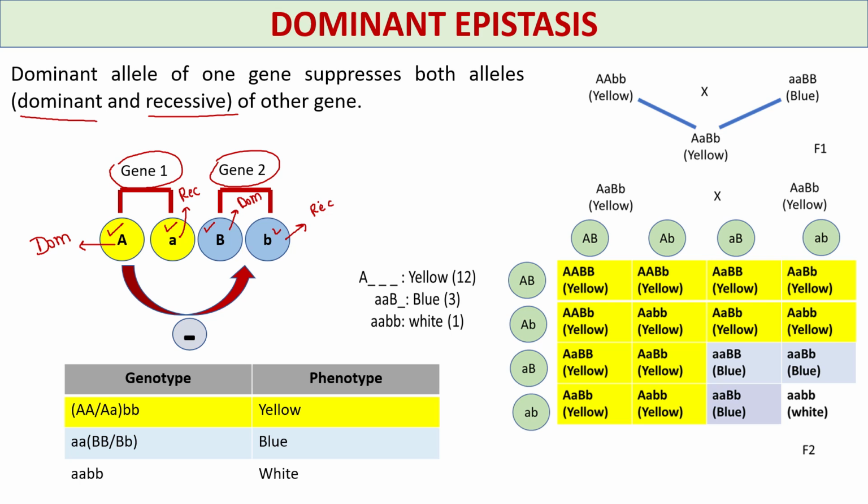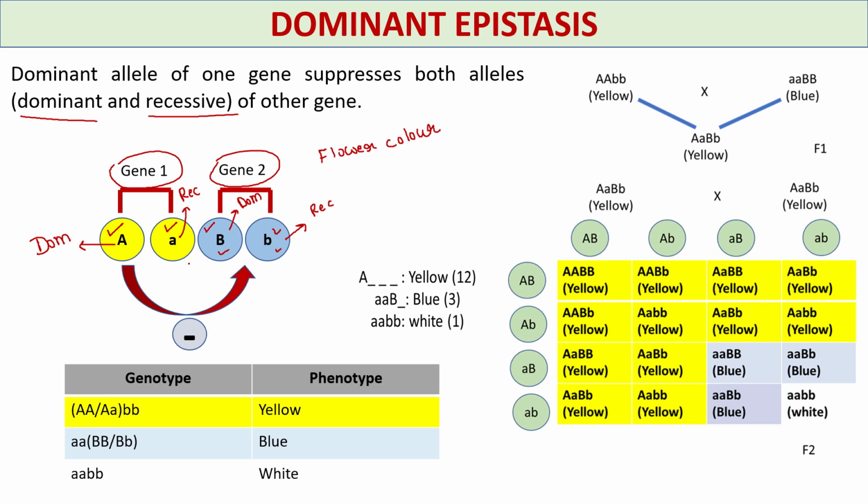Both gene 1 and gene 2 are responsible for flower color. Allele capital A masks the functionality of both capital B and small b alleles.